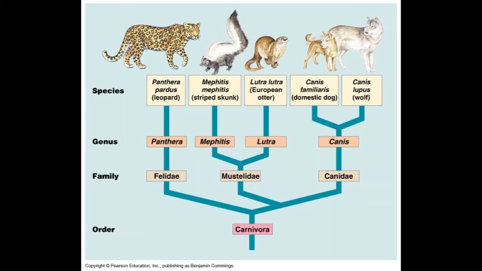Okay, we're going to do a phylogeny walkthrough. So your assignment after this will be to create your own phylogeny. A phylogeny is basically kind of like a family tree. So looking at this phylogeny here, we are just kind of going through order, family, genus, species of Carnivora.